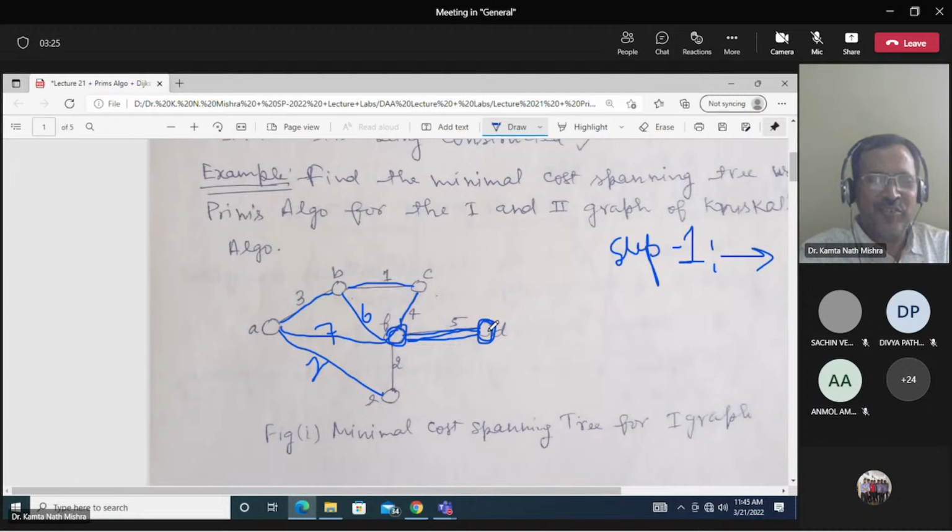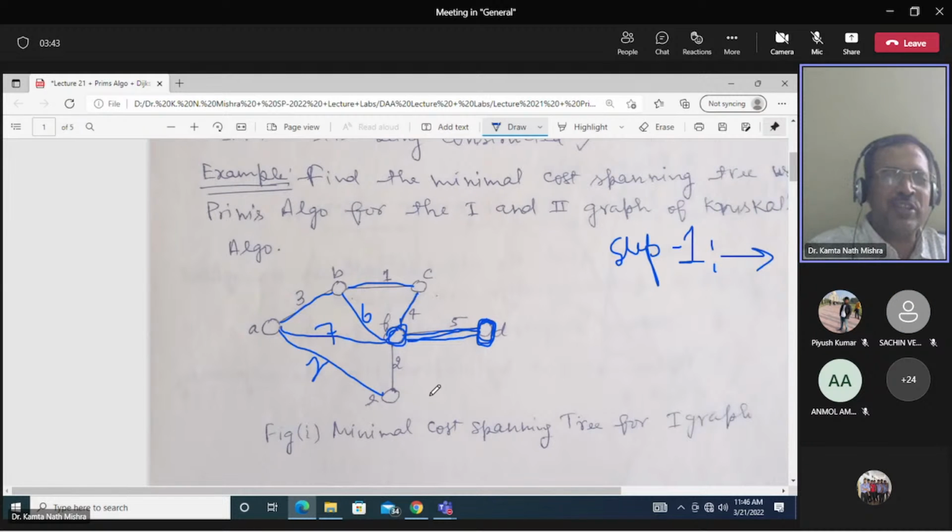If you start from D, then the next nearest vertex from D is F. But you have already selected F.